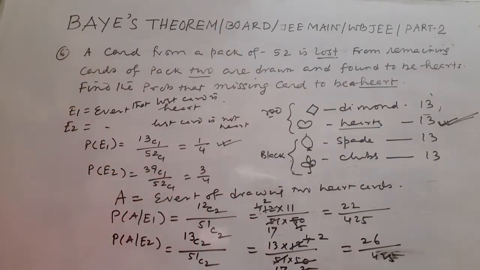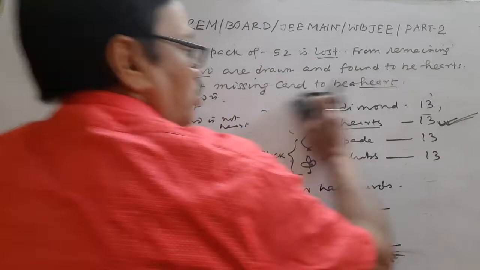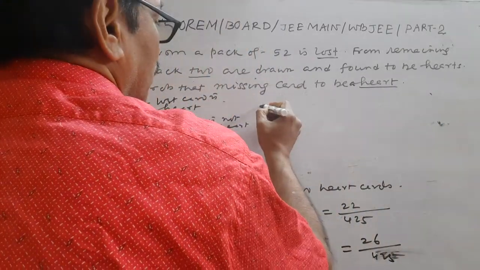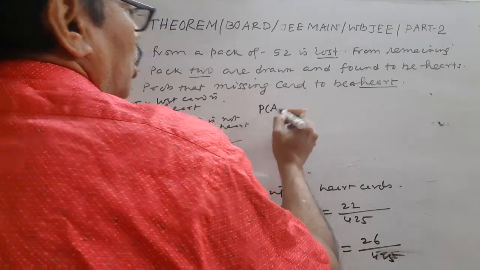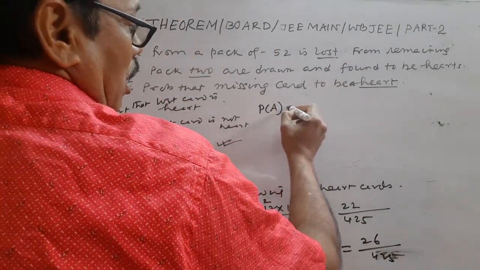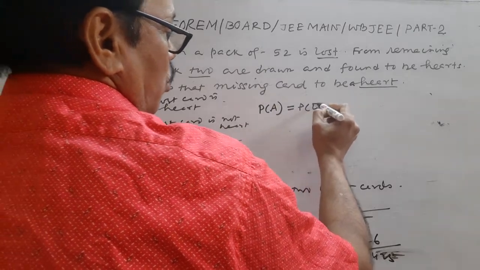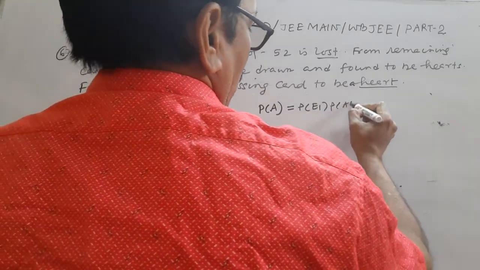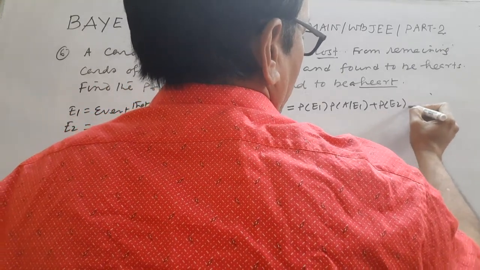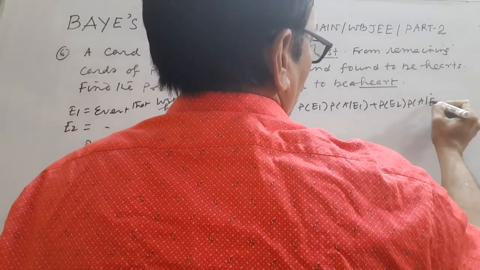Now find the total probability that the two cards drawn are hearts. P(E1) P(A by E1) plus P(E2) P(A by E2).